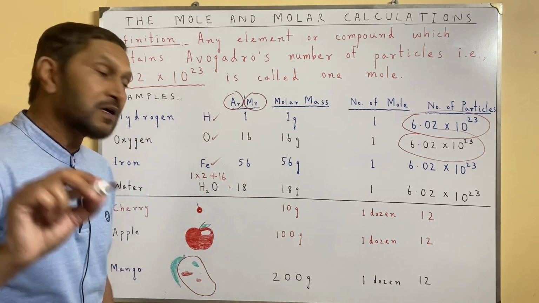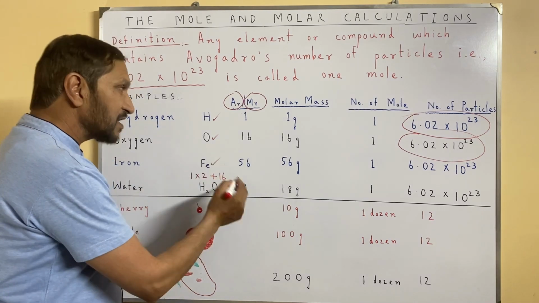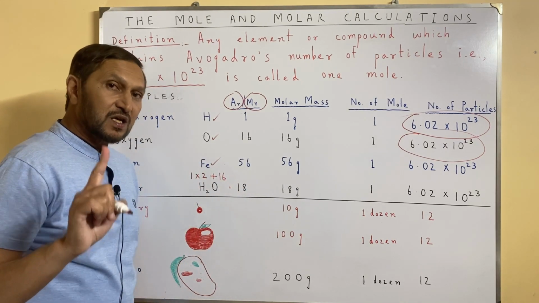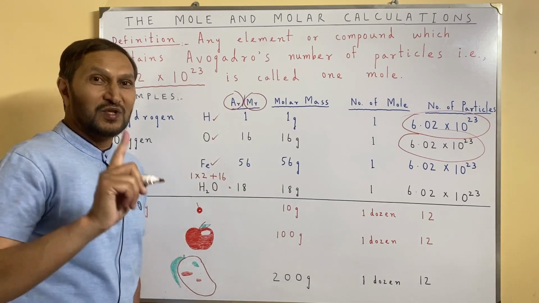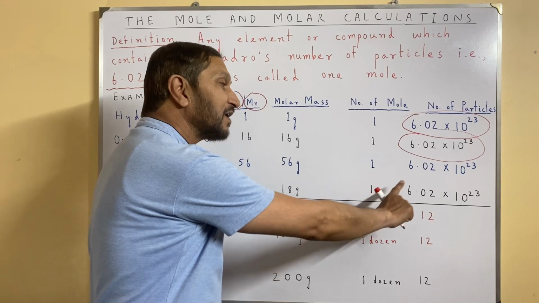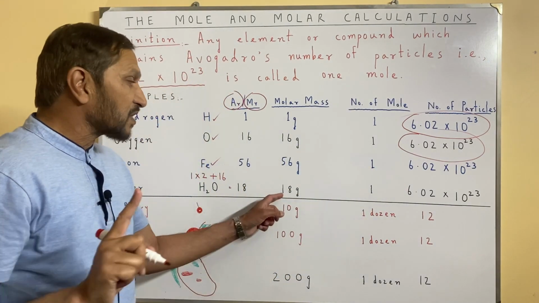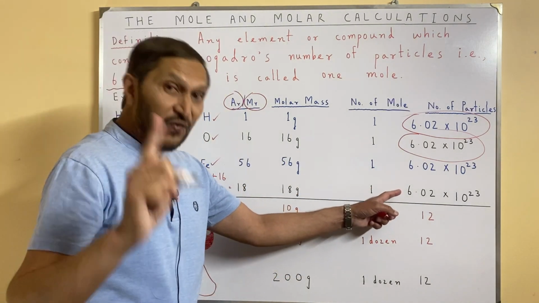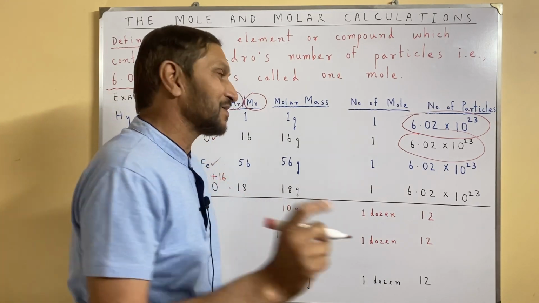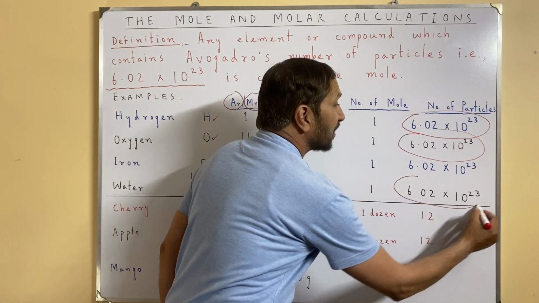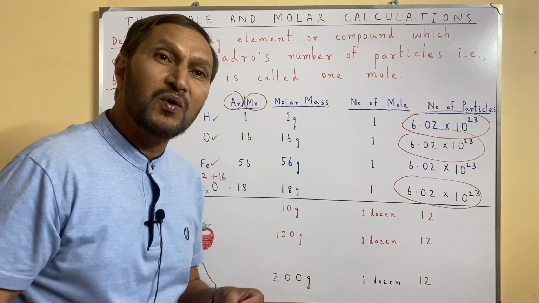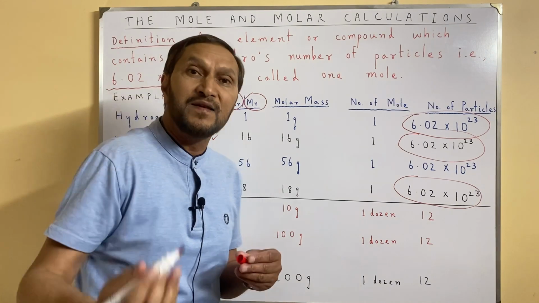It means that the relative molecular mass, MR, of water is 18. If we take 18 grams of water, that will be 1 mole of water, and it must contain 6.02 × 10^23 water molecules. It also applies for ionic compounds, and it also applies for ions.